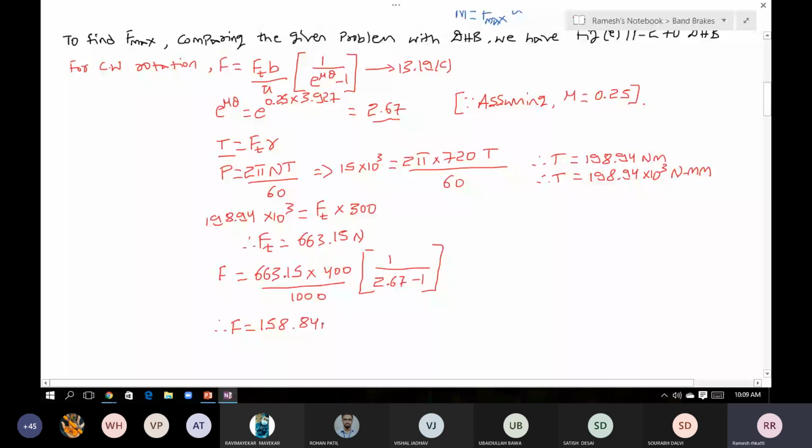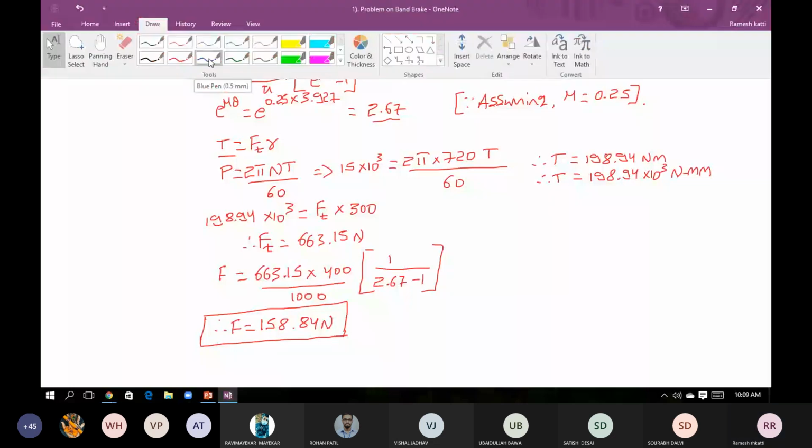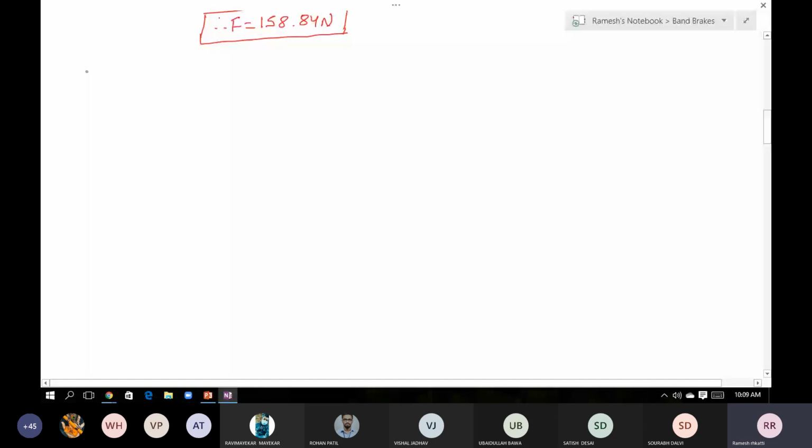Now I am going to consider when the drum is rotating in counterclockwise. For counterclockwise rotation, you have to use the next equation.